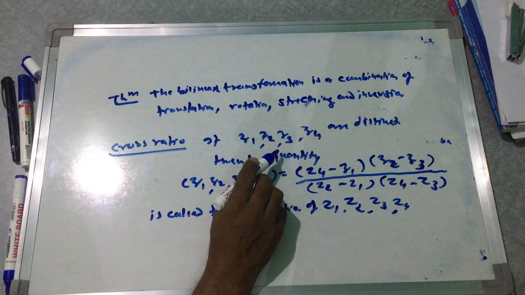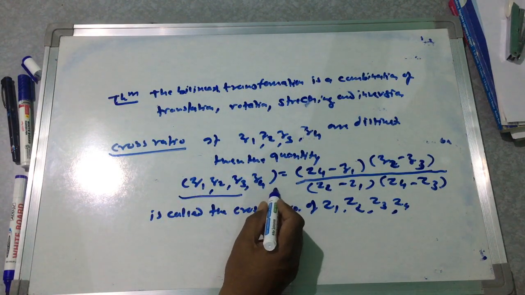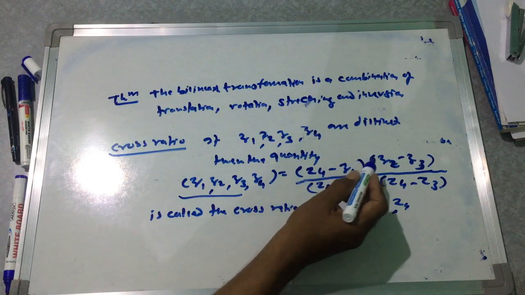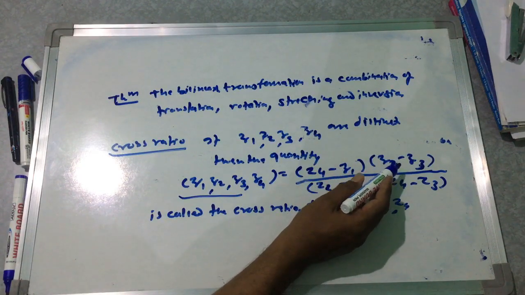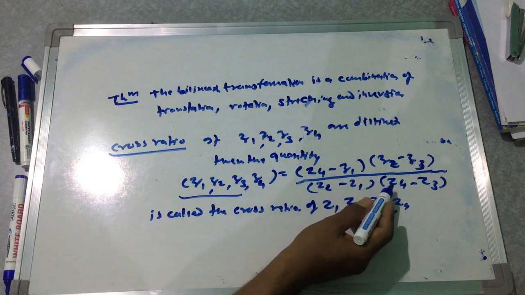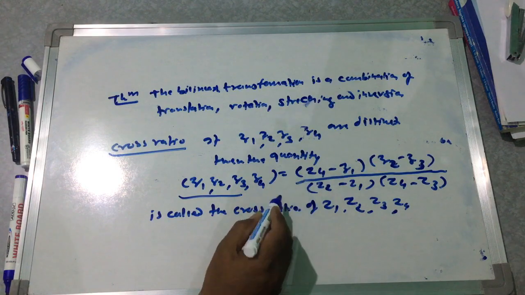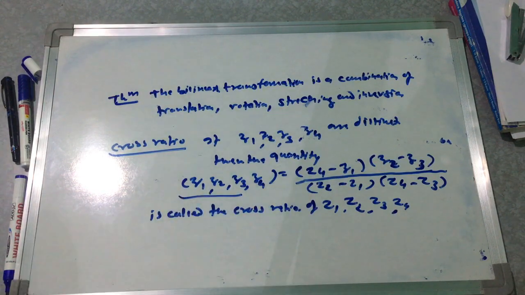So it can be written as (Z4 minus Z1)(Z2 minus Z3) upon (Z2 minus Z1)(Z4 minus Z3). This is the cross ratio of Z1, Z2, Z3 and Z4.